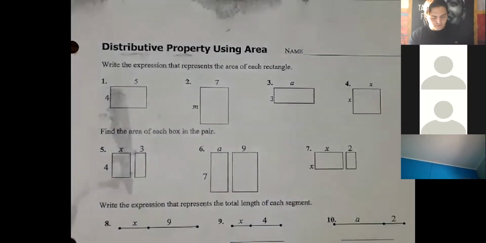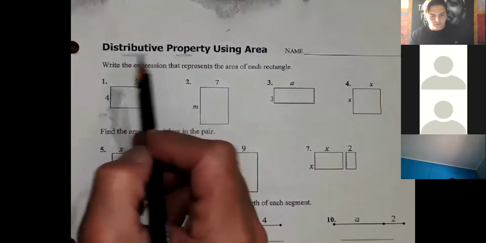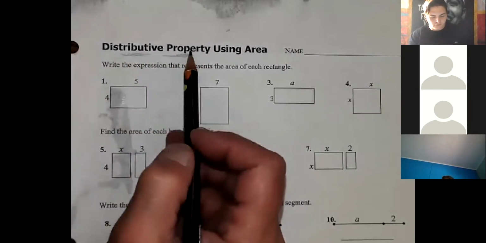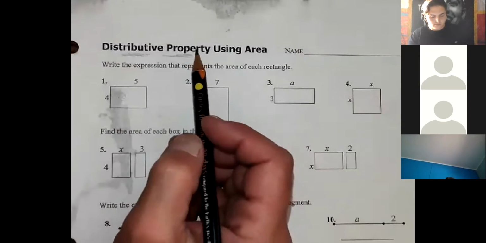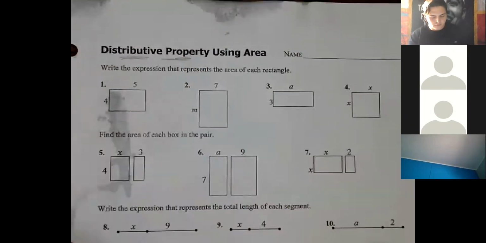Personally, I don't care if you know the name of it, but you do have to know how to use it. It'll be very important for many of the problems that you need to solve on the GED test.